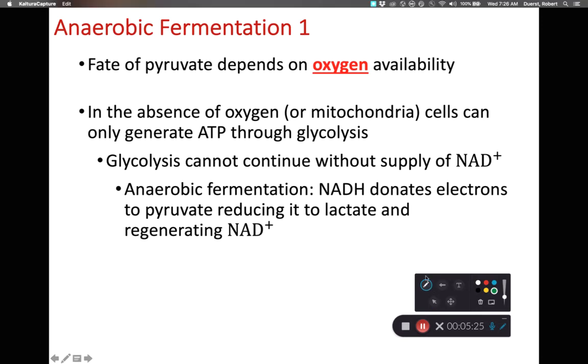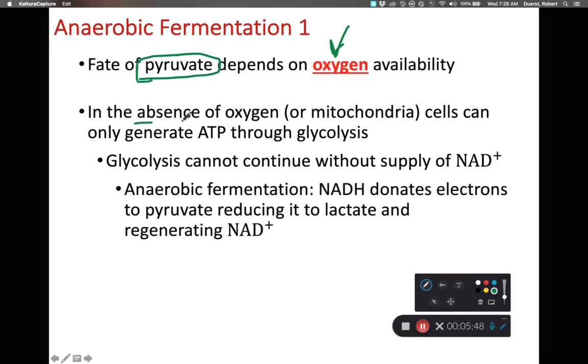As we look at anaerobic, this is the natural point in the discussion where we need to take a little side tangent and talk about anaerobic respiration. We'll come back to aerobic in a bit. If we have oxygen available, that pyruvic acid or pyruvate is going to be sent to the mitochondria and processed to make lots and lots of ATP.